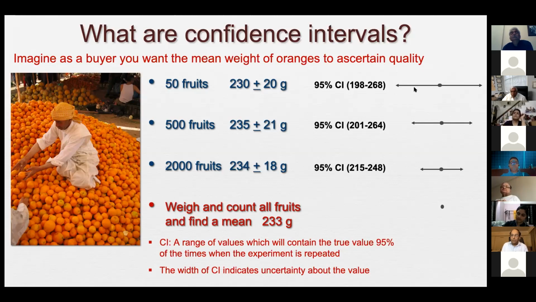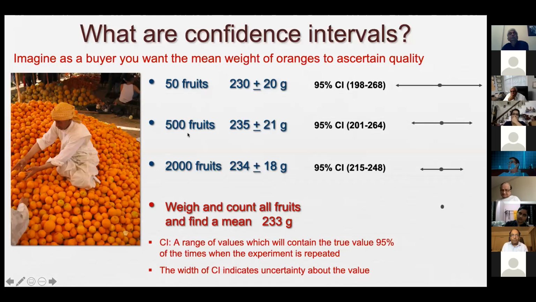This center point is called the point estimate, and there is a lower bound and an upper bound, and the entire range indicates the interval of weight in this case, which will include the true mean weight of the oranges 95% of the time if we repeat this experiment endlessly.